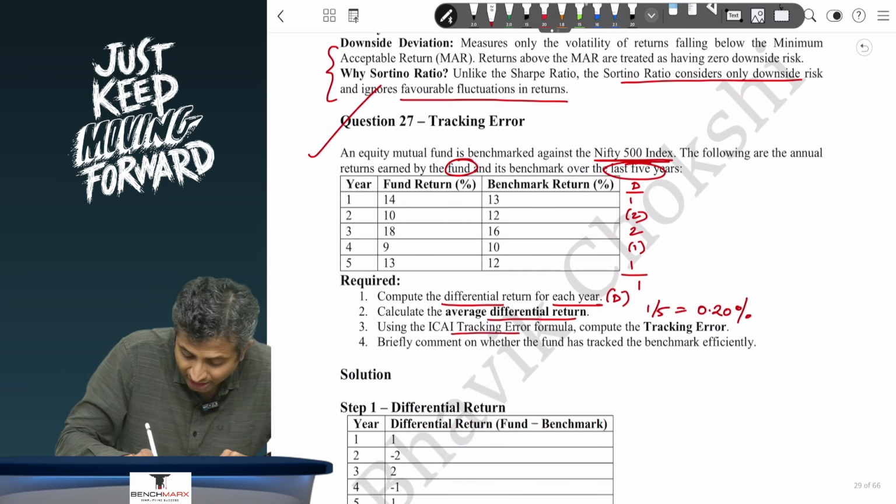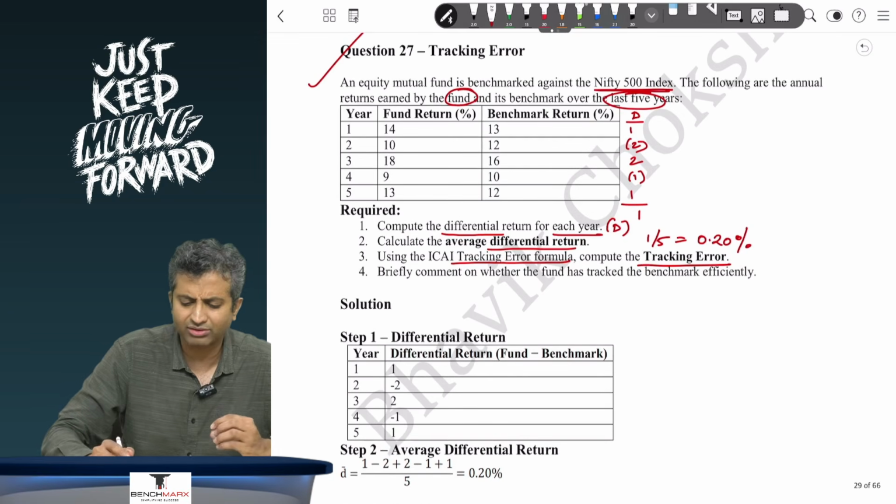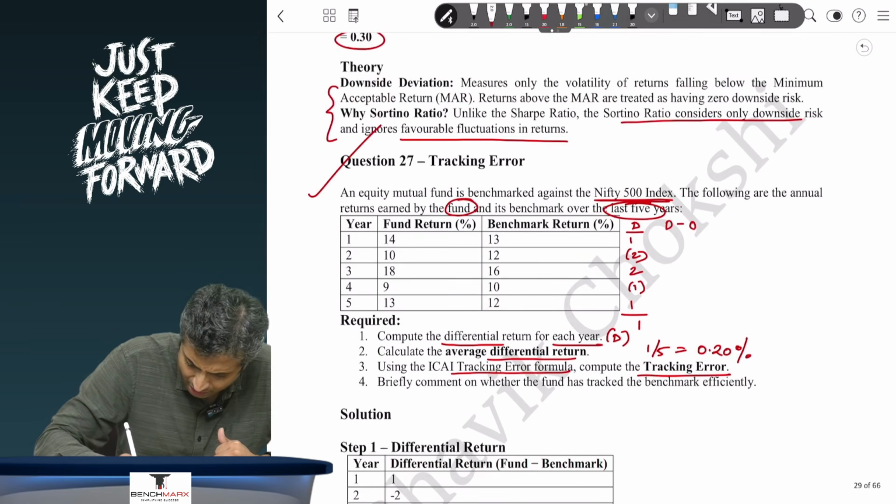Using the ICAI tracking error formula, we will compute the tracking error. Sir, what is tracking error? It is the same calculation as standard deviation, that is D minus D bar, which is 0.2 in this case, squared.